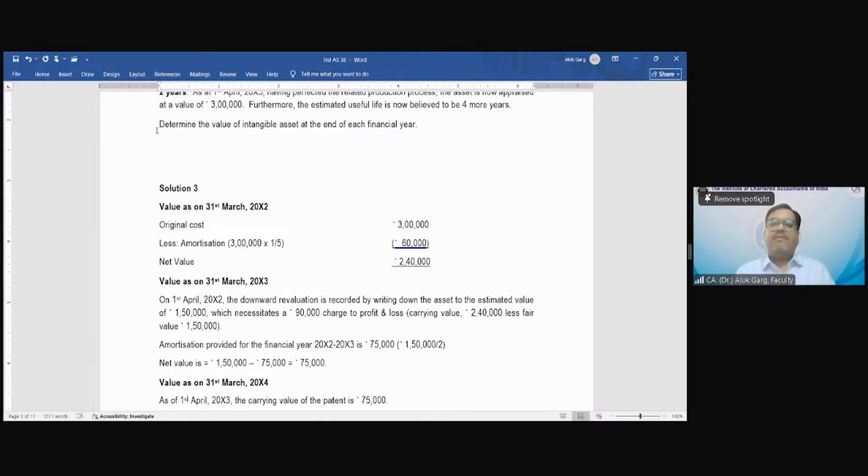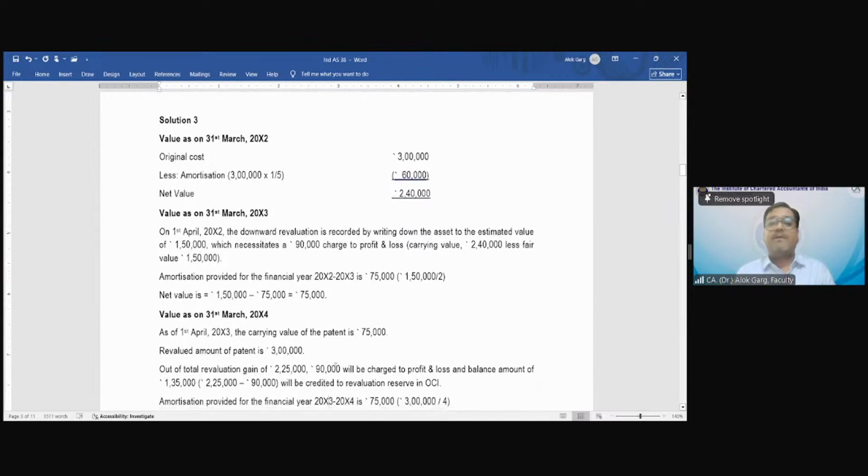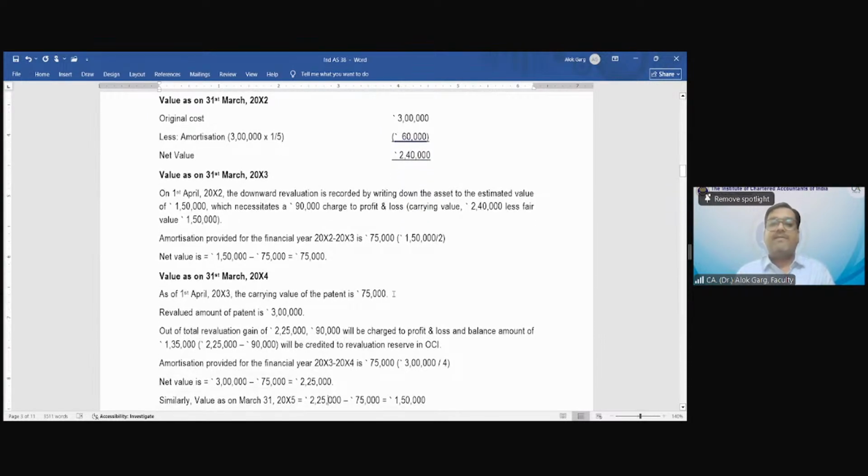Sorry, on 1st April 2002, the value was 150. 75 was debited to P&L in 2002-2003. So what is my value on 31st March 2003? 75,000. What is the opening value on 1st April 2003? 75,000.